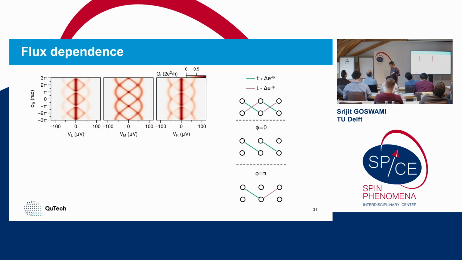And then what you can think about is, okay, I said the flux plays an important role. And how do you see this? So these are, again, the other simulations I showed you. I come back to these pictures with these lines and the couplings. Now the difference is that delta has a phase component, which means that this t plus delta and this t minus delta, you can actually tune these couplings with a phase.